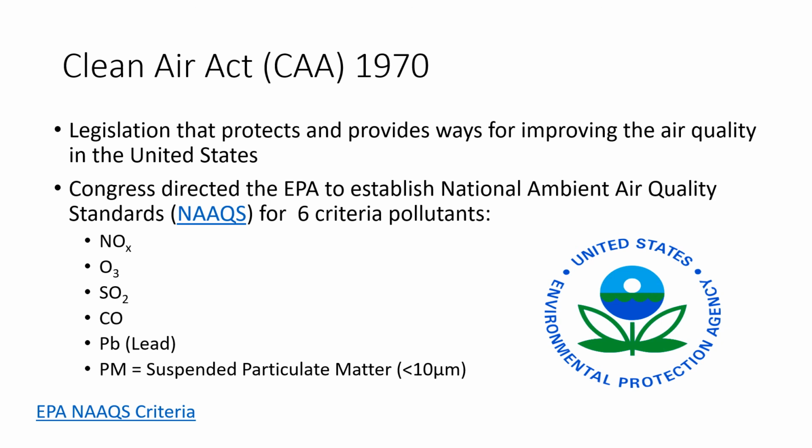And so you have NOx, ozone, sulfur dioxide, carbon monoxide. Note that carbon dioxide is not there. Lead and particulate matter. And so a nice, fun little tool to help you remember it is nose clip, NOSCLP, right? Nose clip. NOx, ozone, sulfur dioxide, carbon monoxide, lead, and particulate matter.